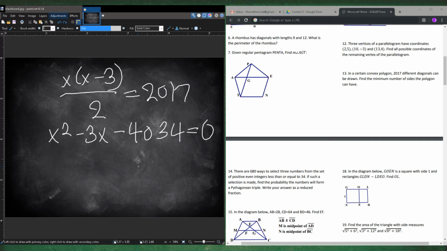So basically, let's use the quadratic formula: negative b plus or minus the square root of b squared minus 4ac. So a is 1, c is negative 4034.